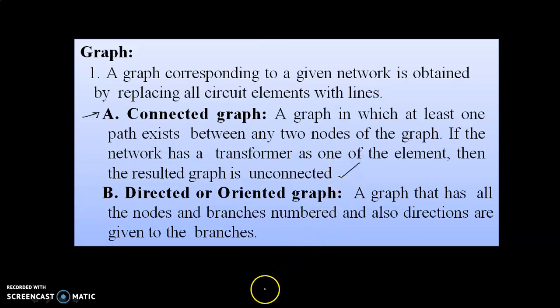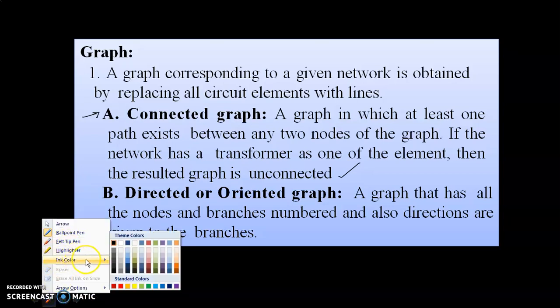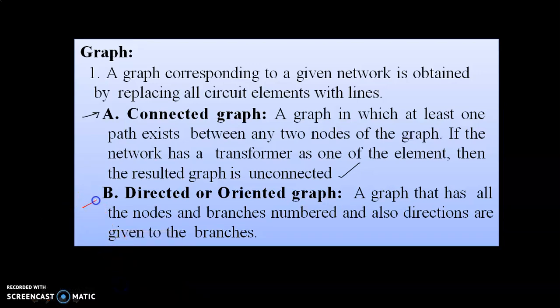The second, part B, is directed or oriented graph. A graph that has all the nodes and branches numbered and also directions are given to the branches. What is the key point of this? Point B has two key points: a graph that has all the nodes and branches numbered, key point 1, and also directions, key point 2.